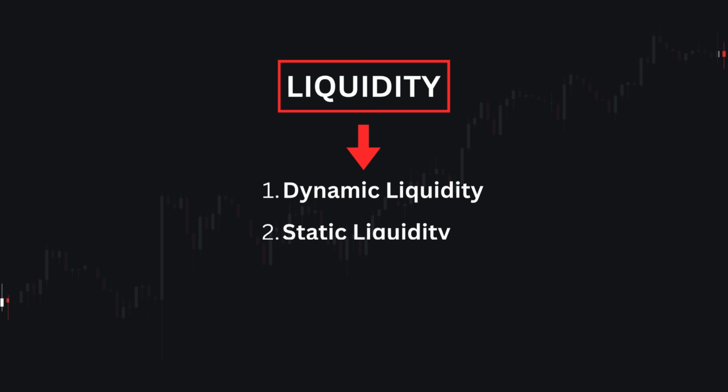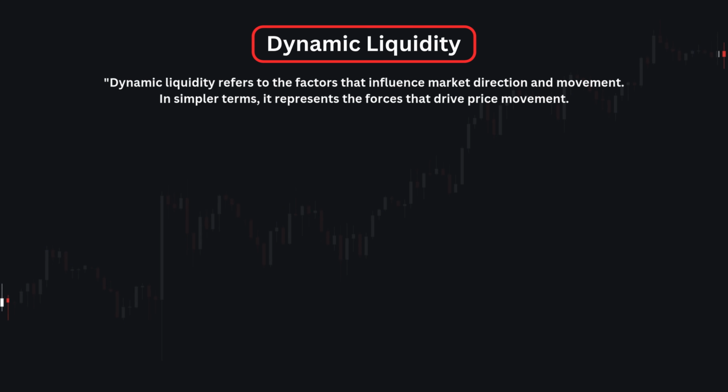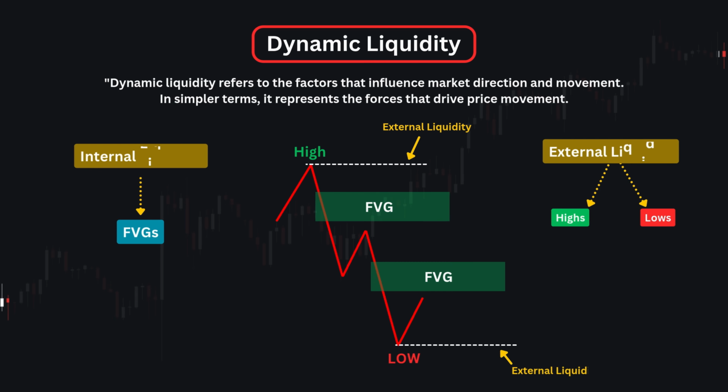Liquidity can be classified into two main types: dynamic liquidity and static liquidity. Dynamic liquidity refers to the factors that influence market direction and movement. In simpler terms, it represents the forces that drive price movement. To better understand this, let's imagine a market structure that consists of a high and a low.